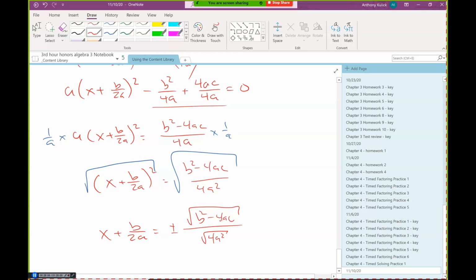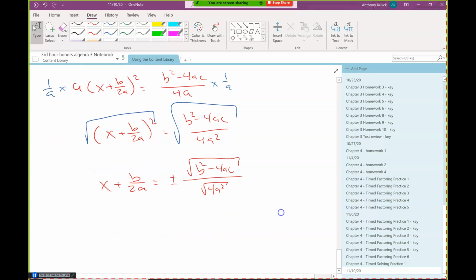That was one of the asides we mentioned. But we can simplify the denominator because that's just a multiplication problem. So the square root of 4 is just 2, and the square root of a squared is a, so our denominator is just 2a.